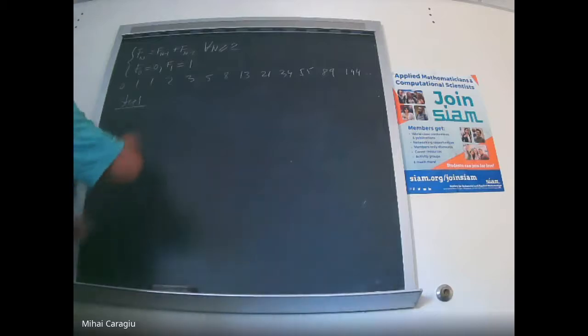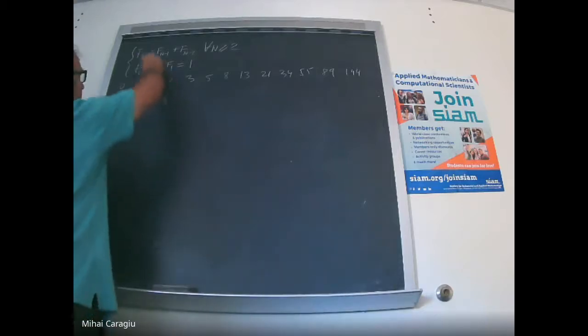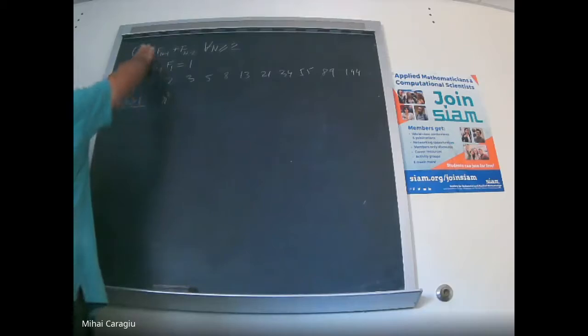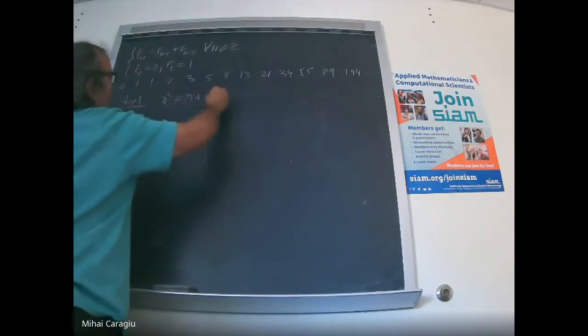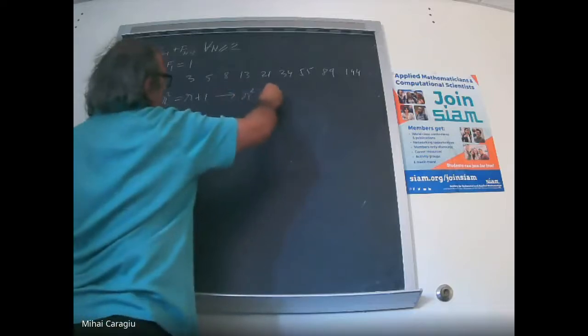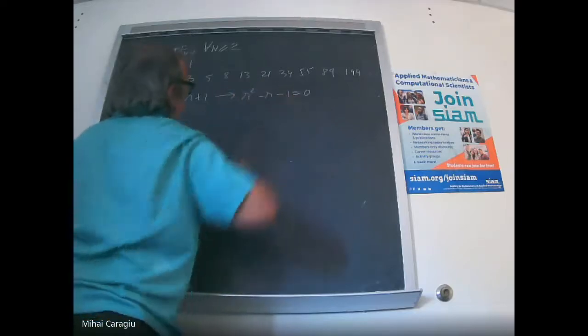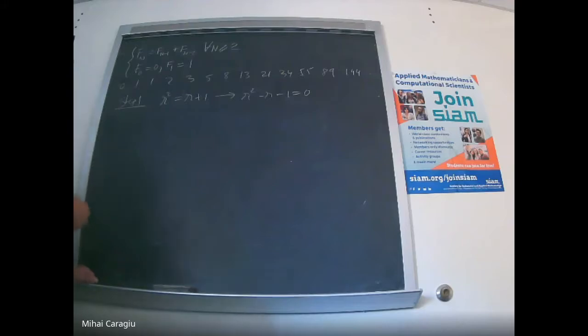The characteristic equation is r squared, because the order of the sequence is 2, Fn will be r squared. So r squared equals r plus 1, or r squared minus r minus 1 equals 0. In a previous problem, to solve the characteristic equation, we just factored.